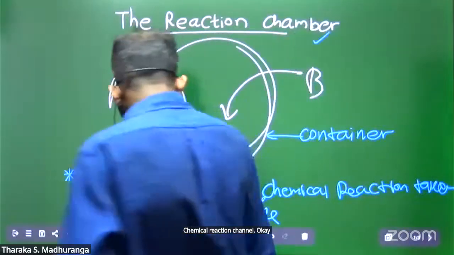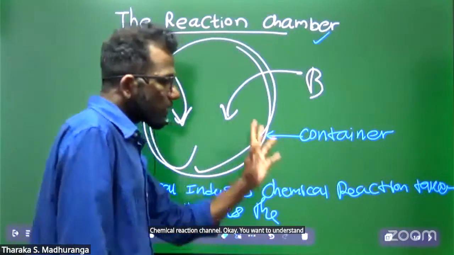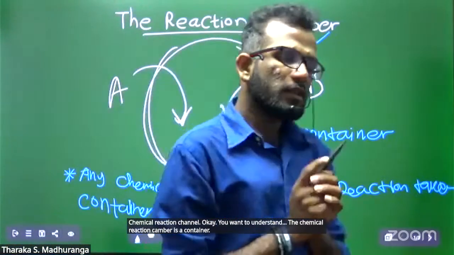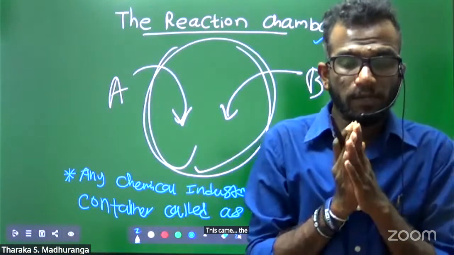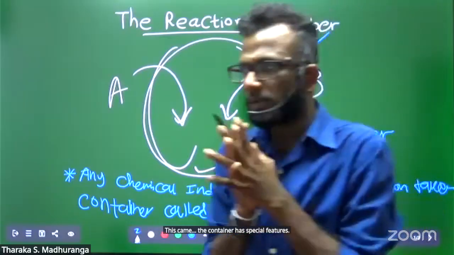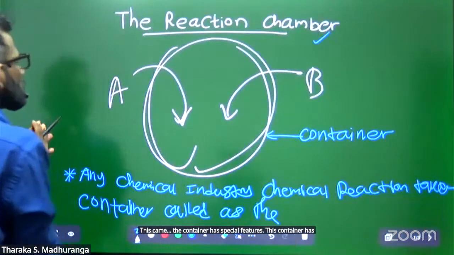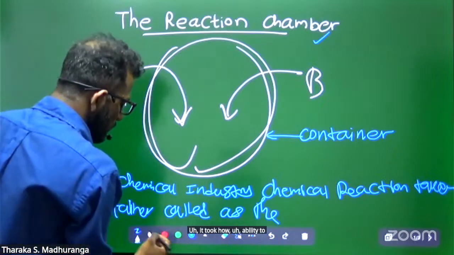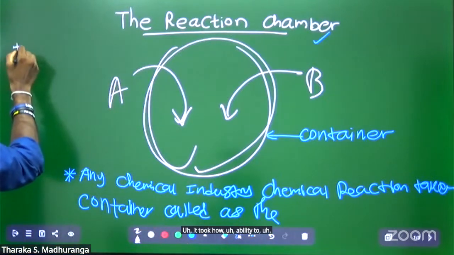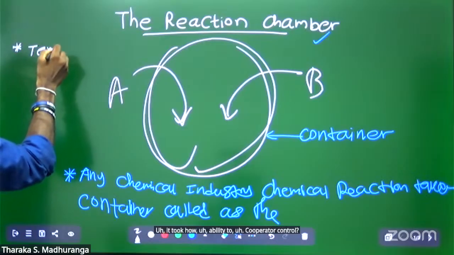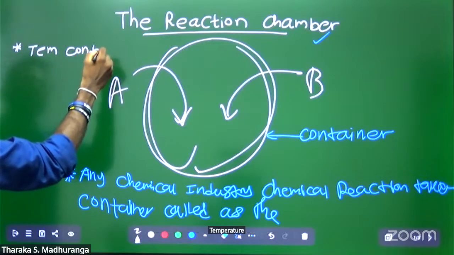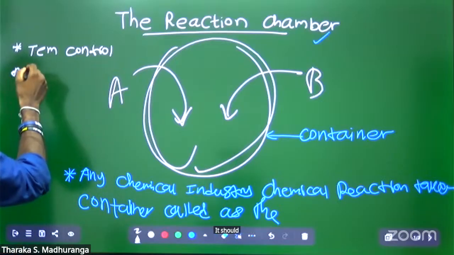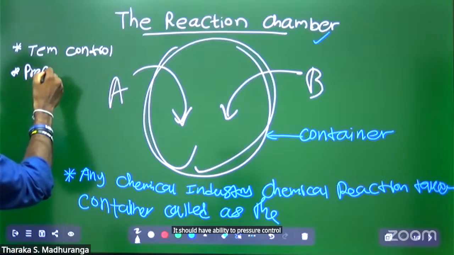Okay. You want to understand that the chemical reaction chamber is a container, and this container has special features. It should have the ability to control temperature and to control pressure.